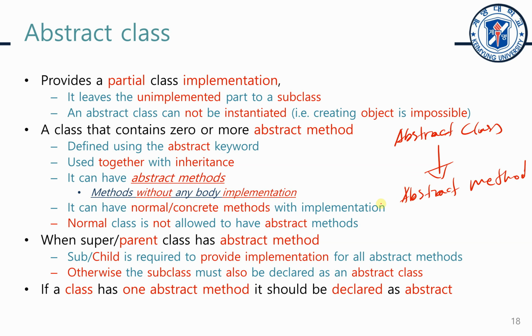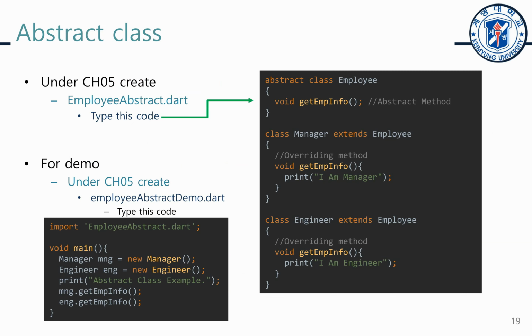What is an abstract method? An abstract method is a method without any body implementation. We'll see that in an example. Okay, that is the best way. So take a look at this example where we have one abstract class, and then we have two classes extending that abstract class. The class is employee class, and the abstract method is get employee info.